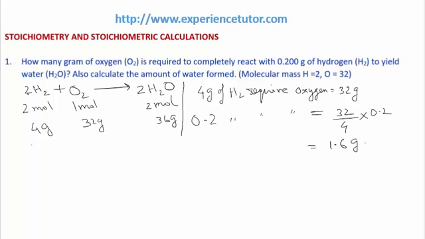Again, 4 gram of hydrogen produces water equal to 36 gram.